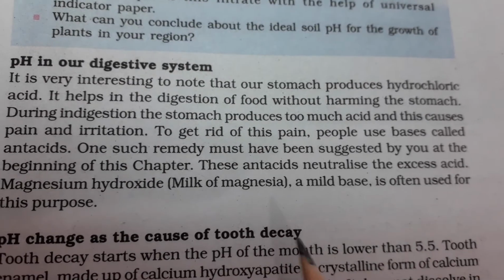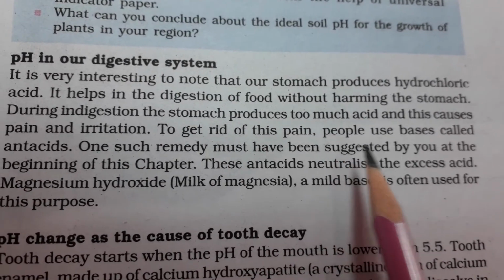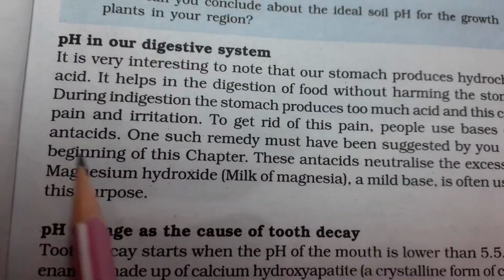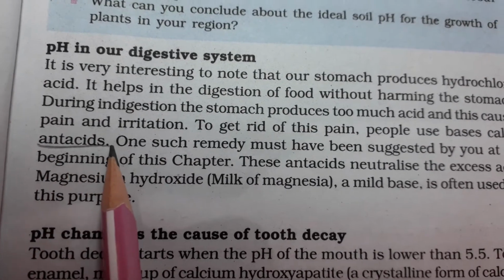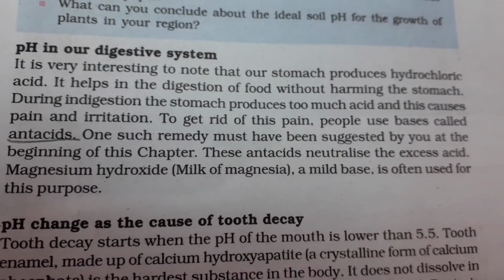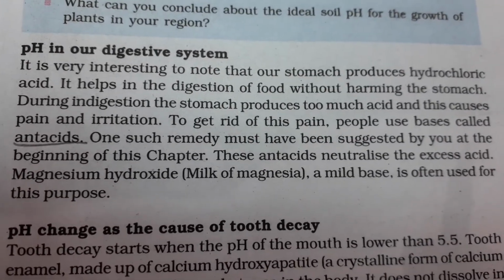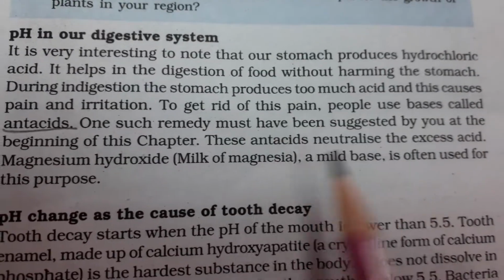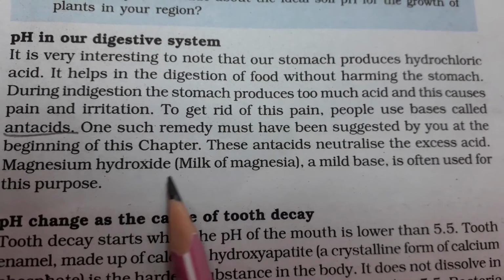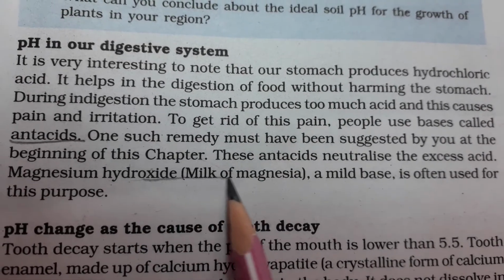To get rid of the acidity, people use antacids. Note that antacids are taken to neutralize the excess acid produced in our stomach, and for that purpose we use milk of magnesia.